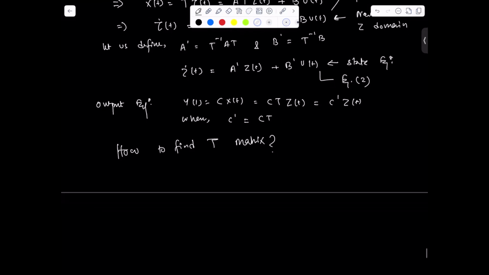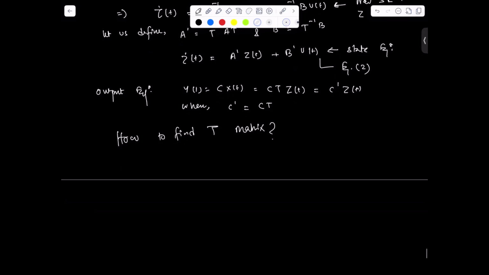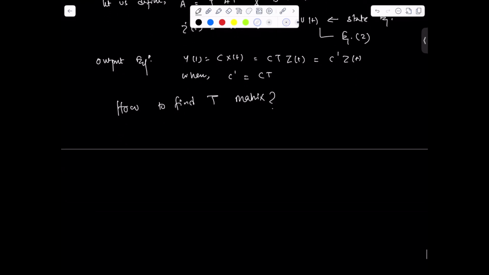So here, for the T matrix, first we have to find the eigenvectors. Okay, before that I should write something. The T matrix can be formed by the eigenvectors.